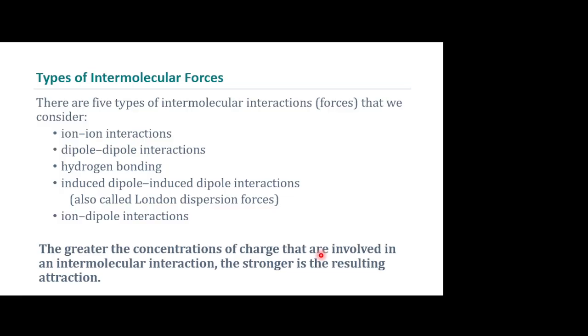Exactly. Hydrogen bonds have very special parts to them that let you really concentrate those dipole-dipole interactions. Mostly that being that charge concentration and very short bond between the hydrogen and the oxygen, nitrogen, fluorine, etc. So induced dipole versus induced dipole, often called London dispersion forces.